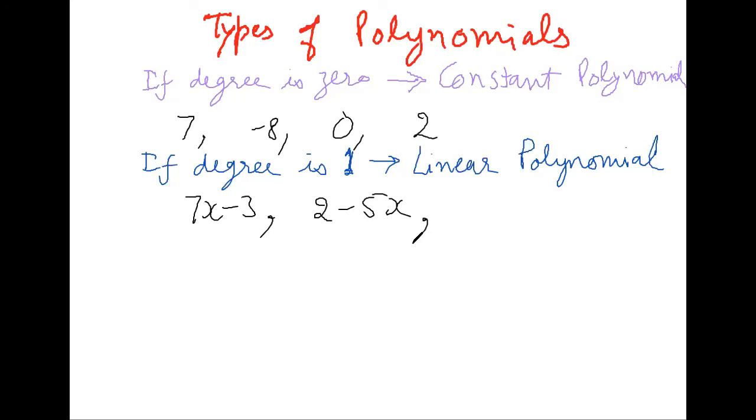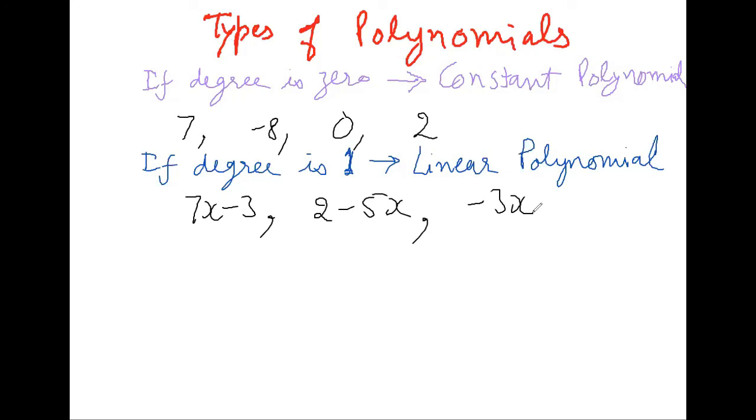Or suppose you have only minus 3x. Here also this is a linear polynomial. So if degree is 1, then this is a linear polynomial.